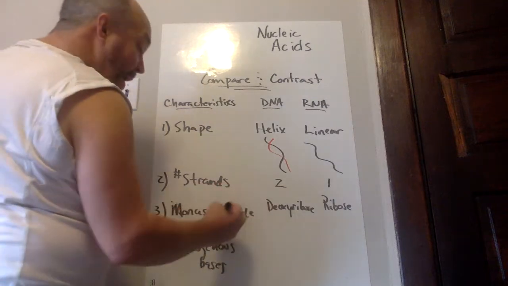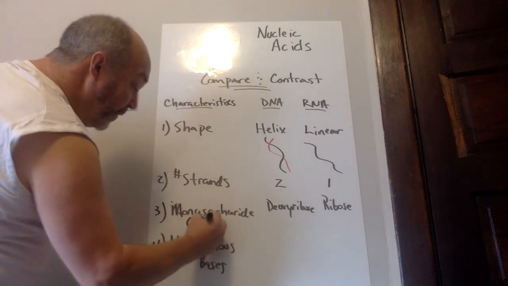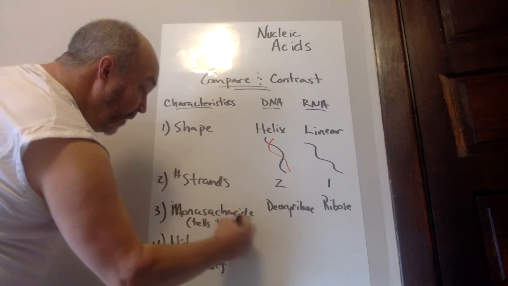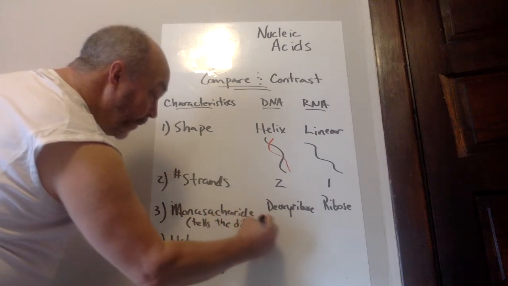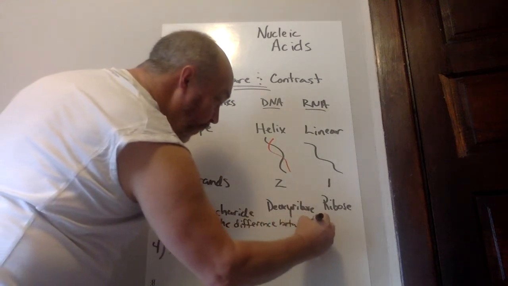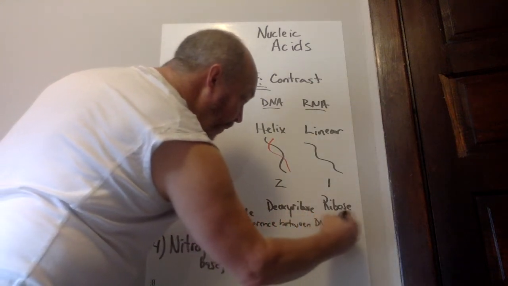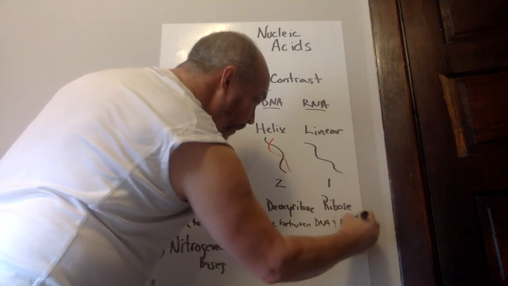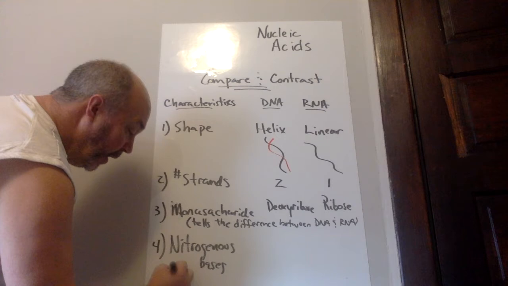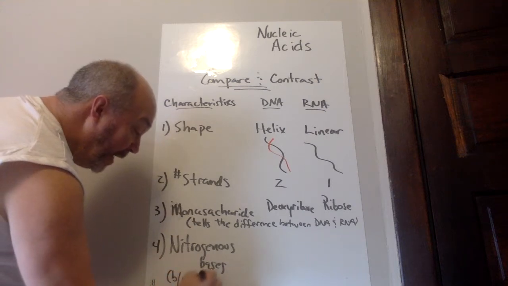The monosaccharide tells the difference between DNA and RNA. Nitrogenous bases tell the difference between nucleotides.